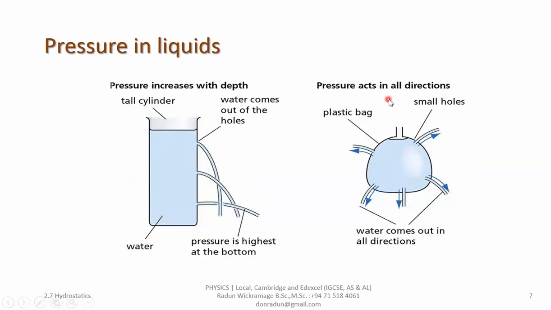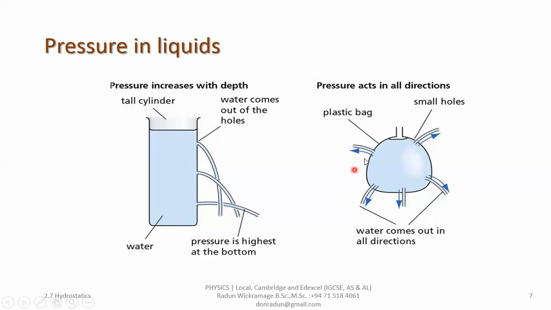Okay, let's go on to pressure acting in all directions. This is the experiment we are doing. We are making holes at the same horizontal level of a plastic bag. Then you can see the direction and the distance moved by these water columns are equal to each other. Why? Pressure acts in all directions.